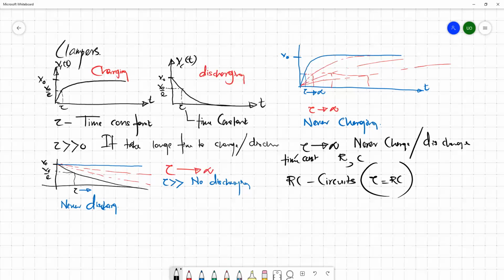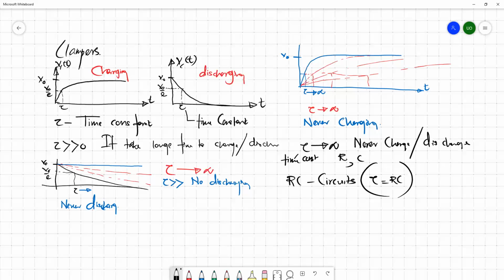Then the time constant of the RC circuit would be the product of R equivalent and C equivalent. So if you have multiple capacitors and multiple resistors, you can simplify the circuit to a single equivalent capacitor and a single equivalent resistor.